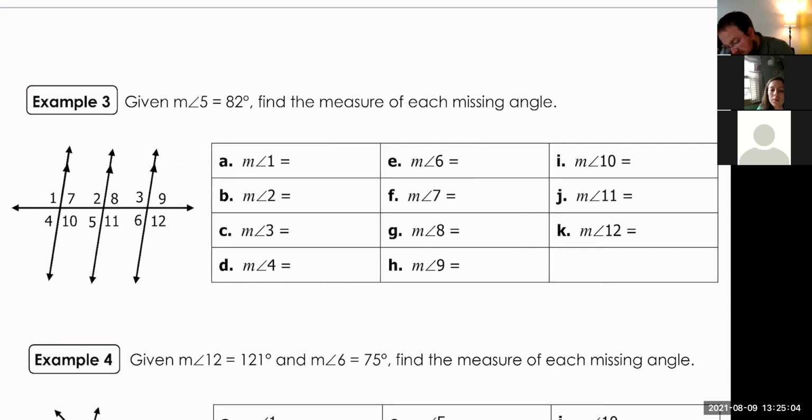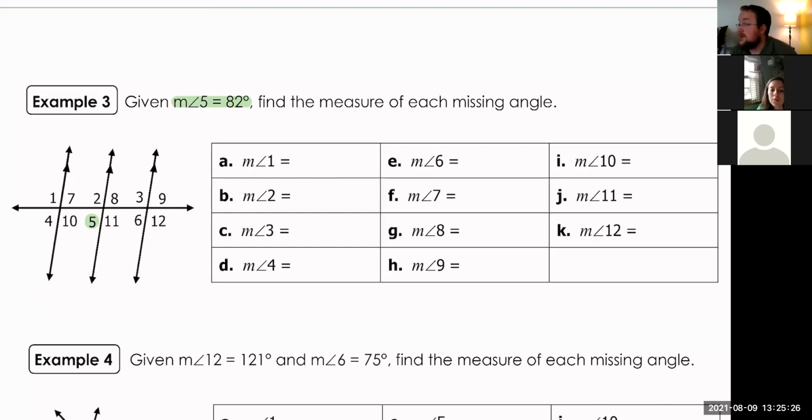So this one's throwing us off a little bit. Instead of giving us angle 1, it is giving us the measure of angle 5, which I'm highlighting there, snuggled right inside that middle parallel line. Maybe we have enough information to start with 1, maybe we don't.